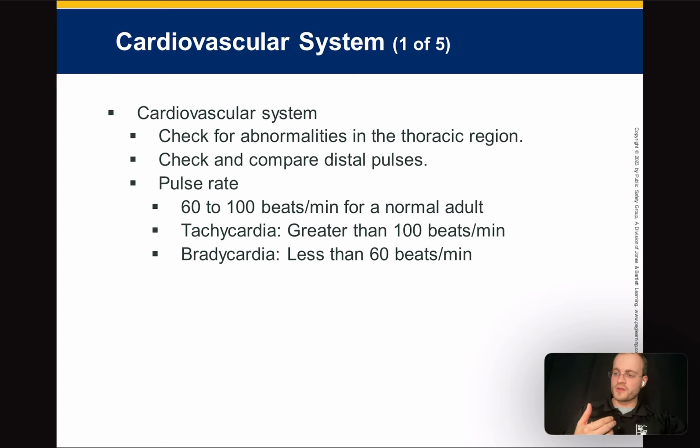Is one side stronger than the other? Is the radial pulse really thready and the distal pulse really strong, or vice versa, right? So sometimes you'll want to compare that. That can indicate certain pathologies, like coarctation of the aorta or an abdominal aortic aneurysm. We'll talk about those in the cardiovascular chapters, but sometimes we use that clinically to diagnose people.